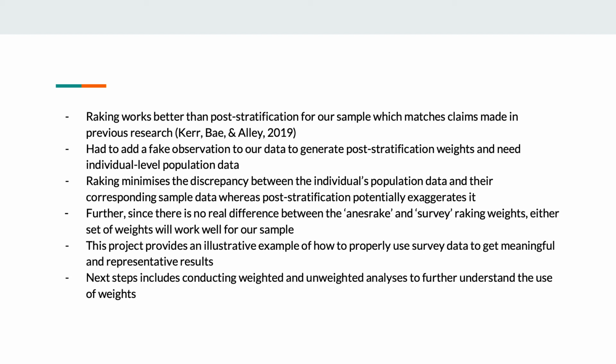It seems like raking minimizes the discrepancy between the individual's population data and corresponding sample data, whereas post-stratification potentially exaggerates it. Also, we needed to have individual level population data to use post-stratification, whereas in raking, we only needed population marginals. Though we had access to detailed data for our population, we realized that this may not always be the case. Further, since there's no real difference between the anesrake and survey raking weights except for scale, either set of weights works well for our sample.